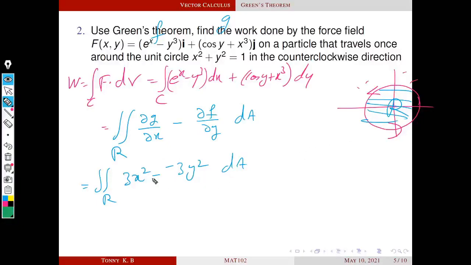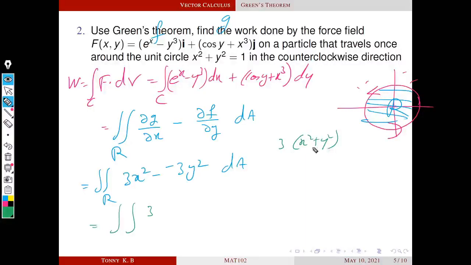Either you can evaluate this double integral in Cartesian form or polar form. Because this is a circular region, better we use the polar form. So in polar form, the integrand becomes 3 times x square plus y square.